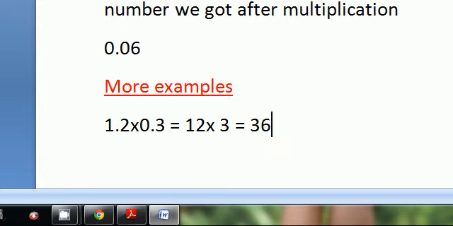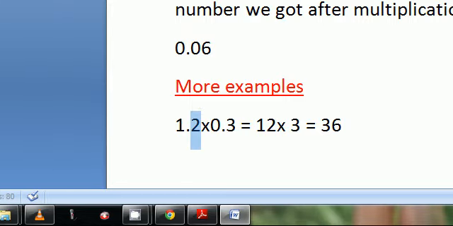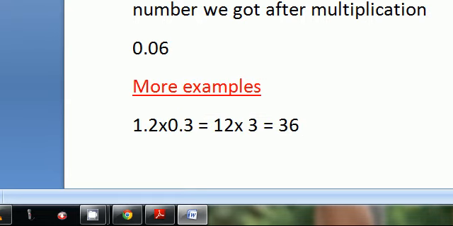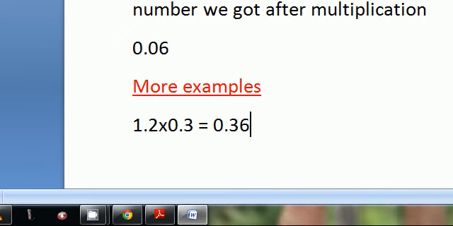Now we have to move back as many decimal places. We find that here 1 digit, here 1 digit after the decimal point. So together we will have to move 2 digits. We put the decimal point and a 0. This is our final answer, and this is just to understand, so we won't write this step. So 1.2 multiplied with 0.3 is 0.36.